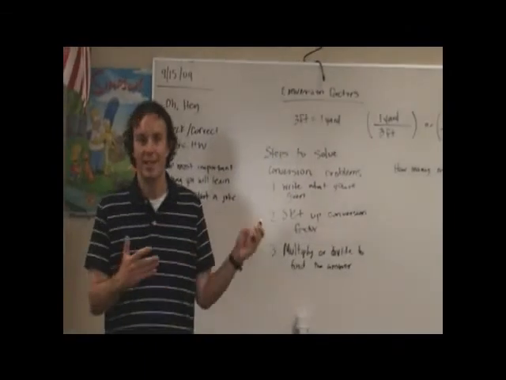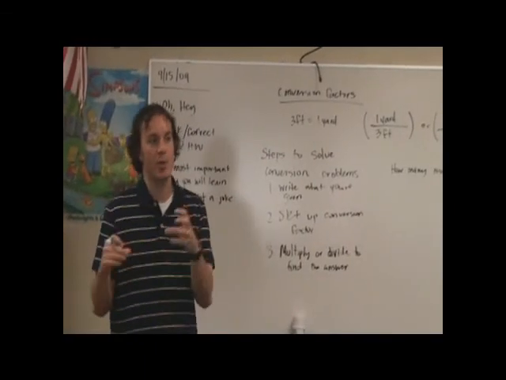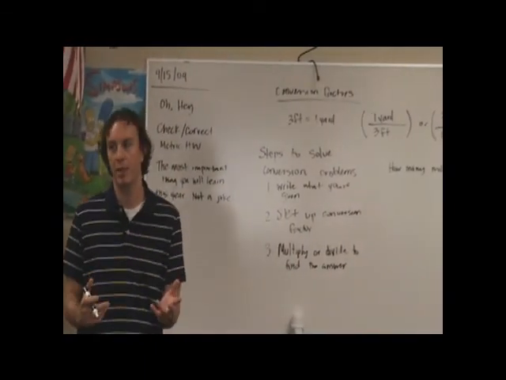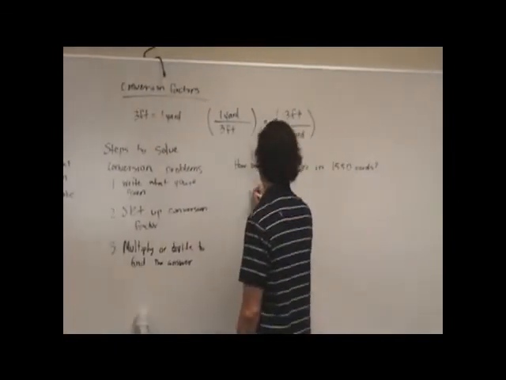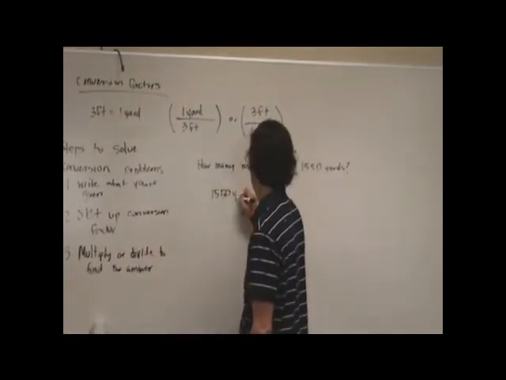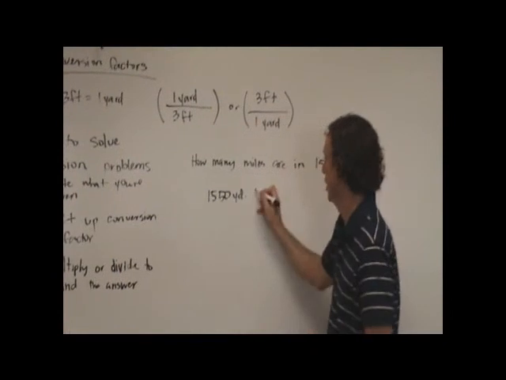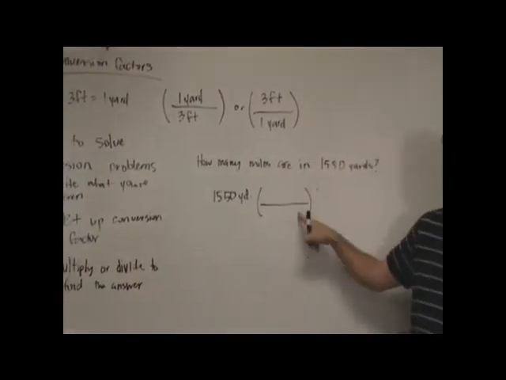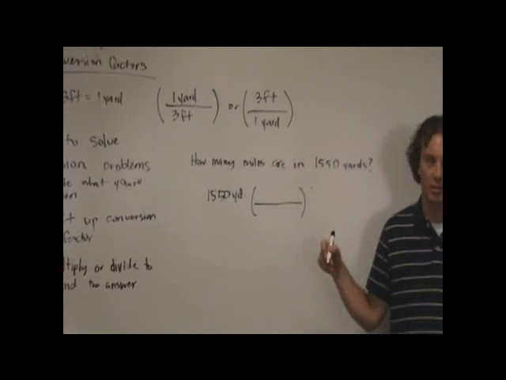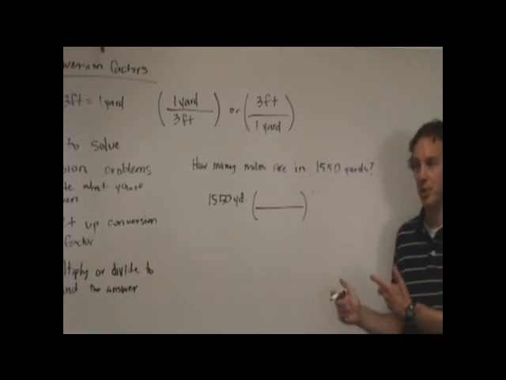But it's not easy. And so if you break this into smaller pieces, though, it becomes a 2-step problem that's not that difficult. Okay? So I'm going to write, first I'm given 1,550 yards. I would love to have a conversion factor that had yards here and miles here, but there's not one you can find readily without doing some math first.